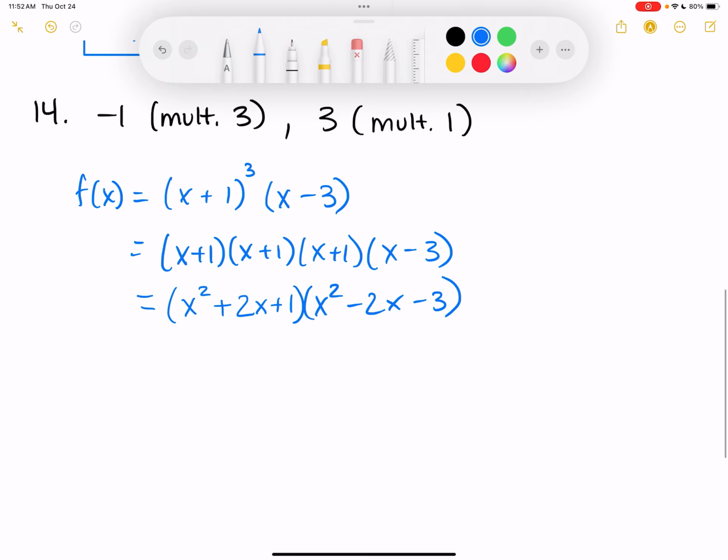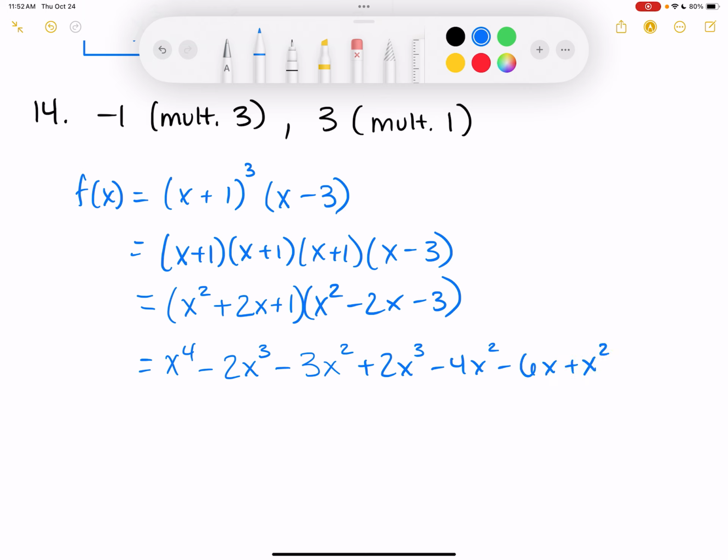And so I'm going to get x to the 4th minus 2x cubed minus 3x squared plus 2x cubed minus 4x squared minus 6x plus x squared minus 2x minus 3.